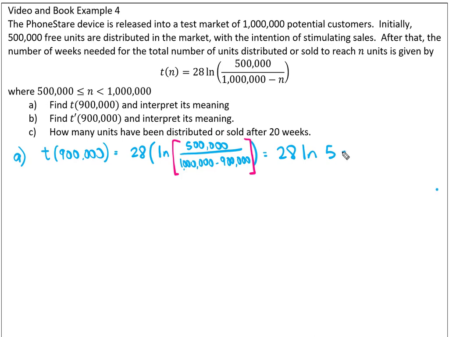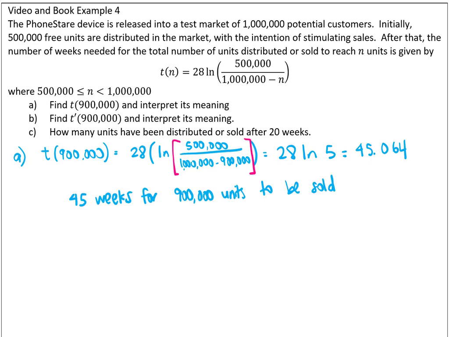And then 28 times natural log of 5 gives you 45.064. And what does this mean? It says to interpret the meaning. It means that the number of weeks needed for the total number of units distributed or sold is this number. So it would take 45 weeks for 900,000 units to be sold or distributed.